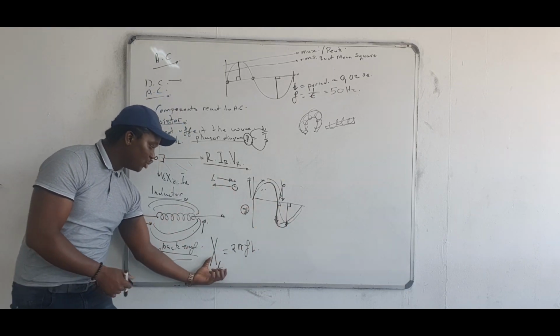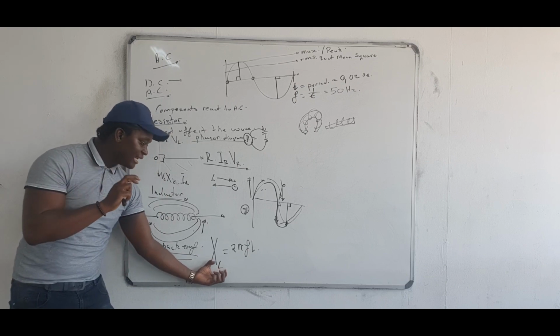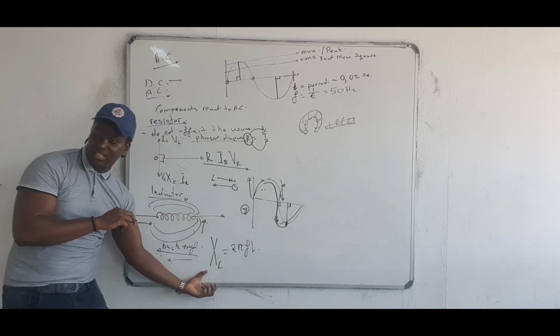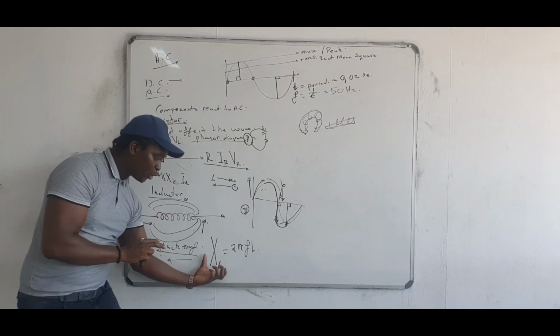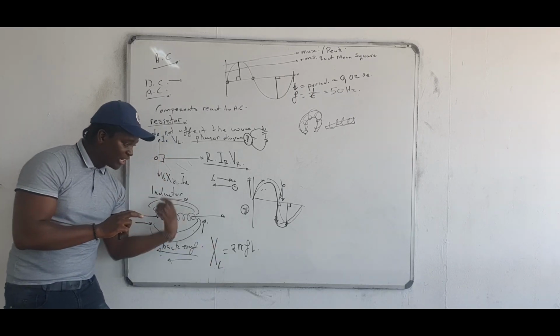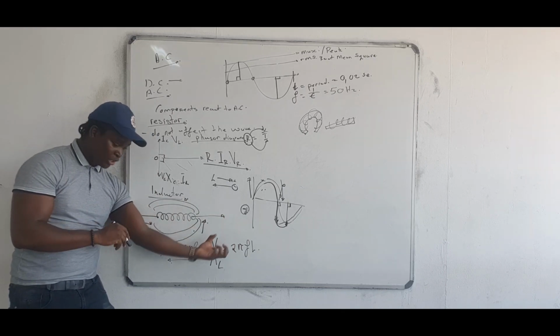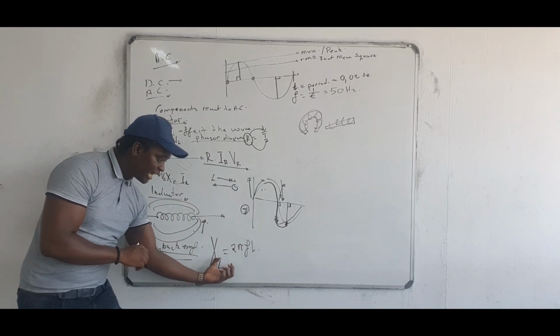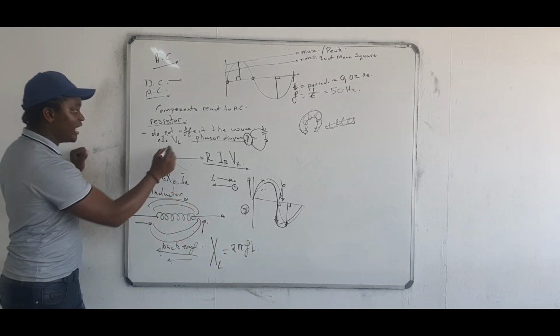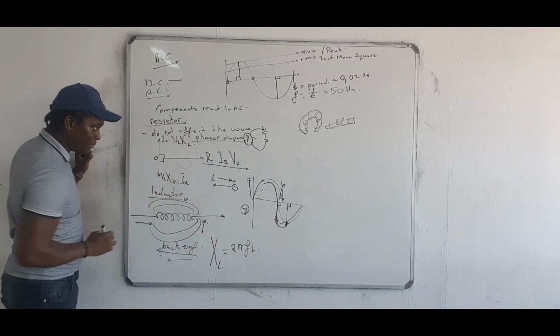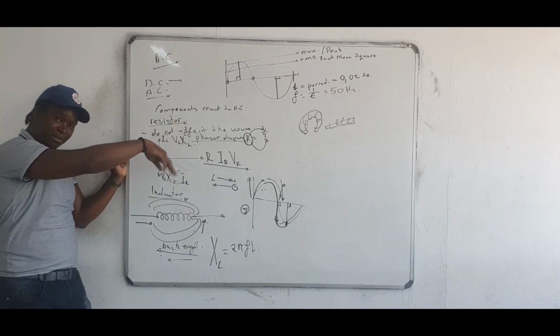That means that your magnetic flux is now interfering too much with the current that is flowing through, right? And because of that, the equivalent resistance of your inductor increases. Are we together? So here you can say that XL is directly proportional to your frequency. Are we together? So here you're going to have your XL up there on top. Are we together? Your phasor diagram is now complete.